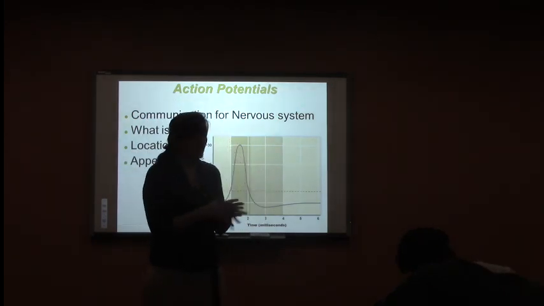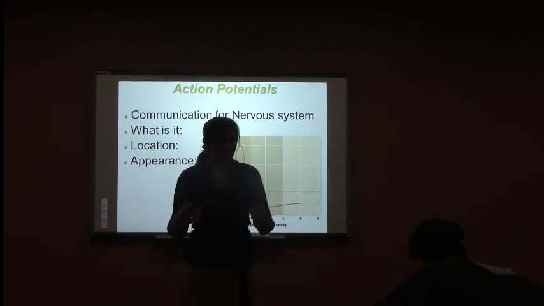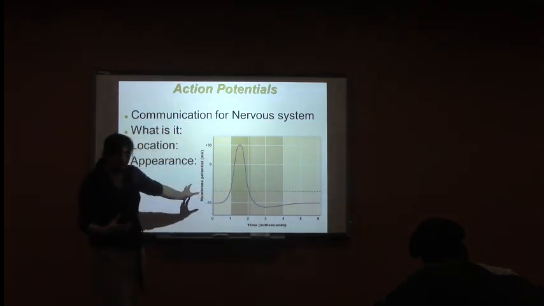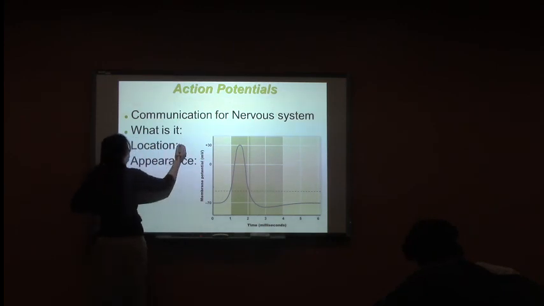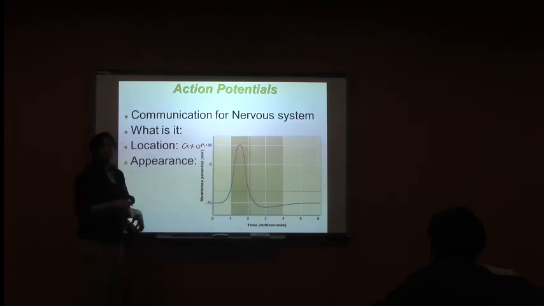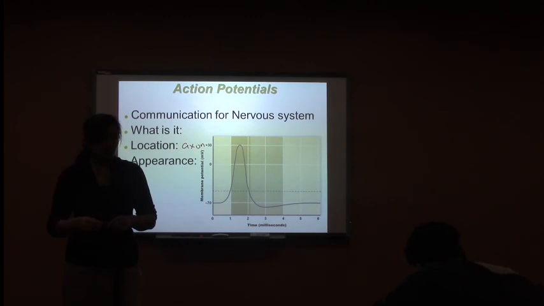Not the cell body, not the dendrites. We're only measuring the axon. So where is this occurring? Where is the location? Axon. So the location is the axon, because we're only measuring the conductivity of the axon. Does that make sense to you guys?